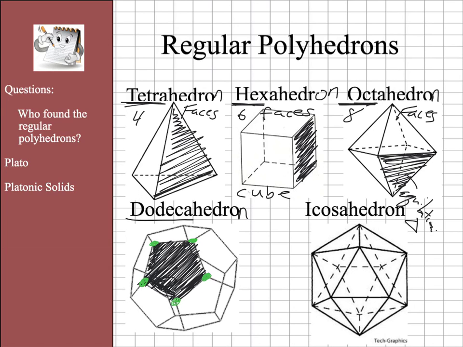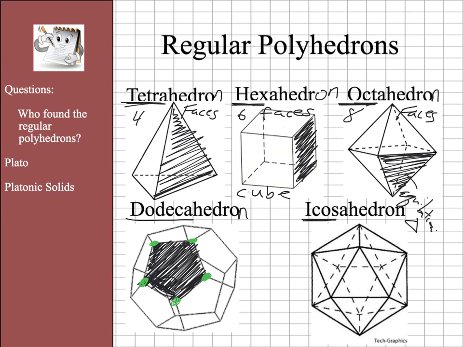And then icosa. This is another one that's slightly different than polygons. Normally, when we would have a polygon with this number of sides, we would just call it a 20-gon. And in this case, we actually use the Latin for 20, which is icosa.